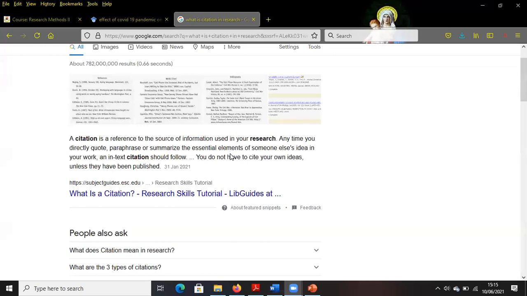Do you see that, Stephen, the difference? Anytime you directly quote, paraphrase, or summarize within the text, you cite. Somebody is here saying something.